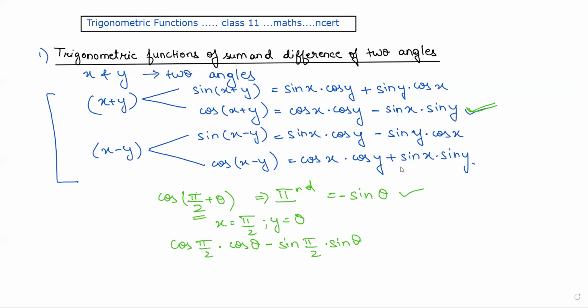We know that cos of pi by 2 is equal to 0. So 0 into cos theta minus sine pi by 2, which is 1, into sine theta. This is equal to minus sine theta.